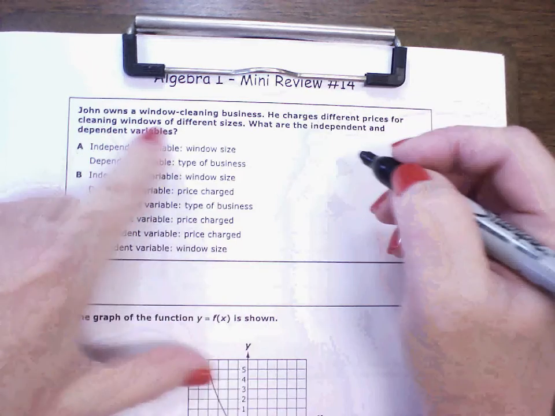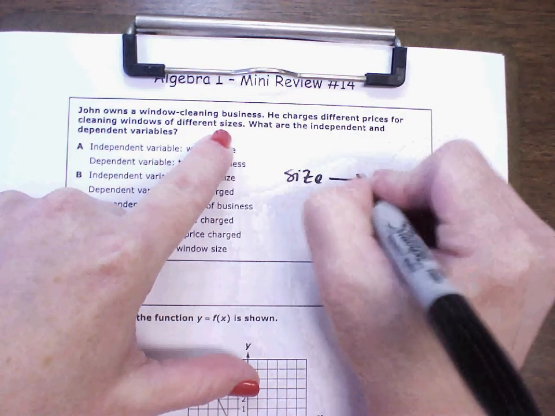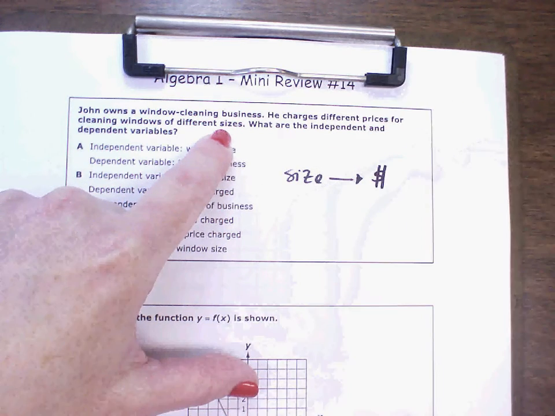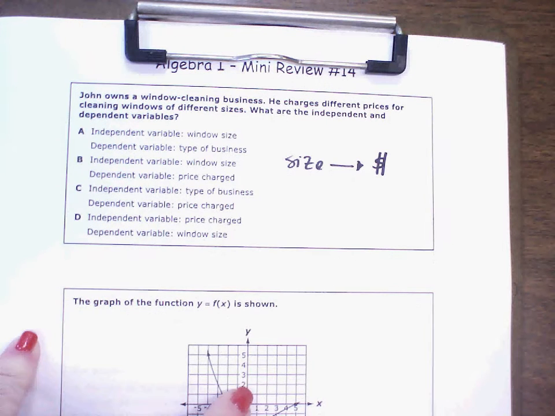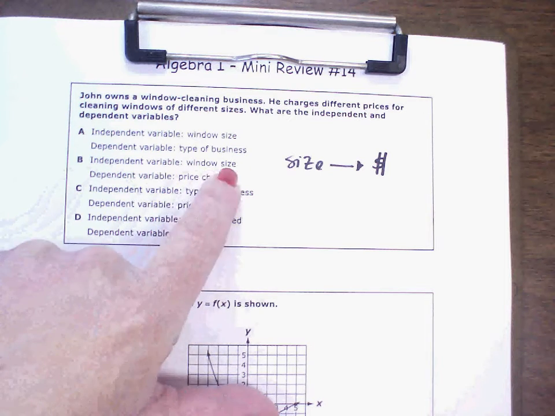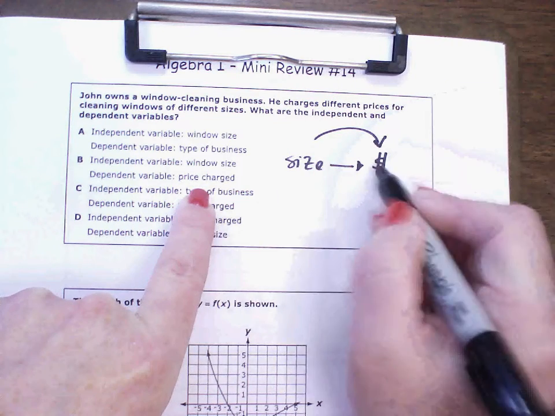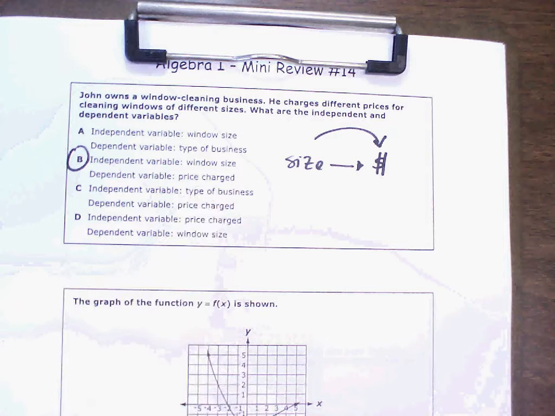The size of the window changes what he's going to charge. So the independent variable is the window size, and the dependent variable, the one that depends on that, is the price charged.